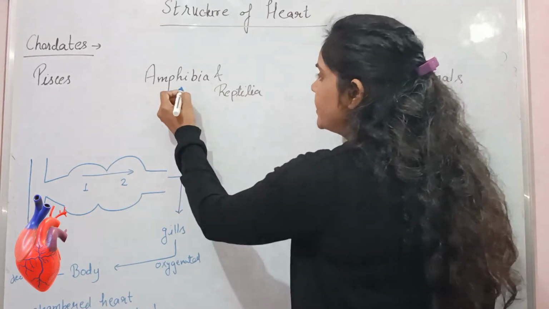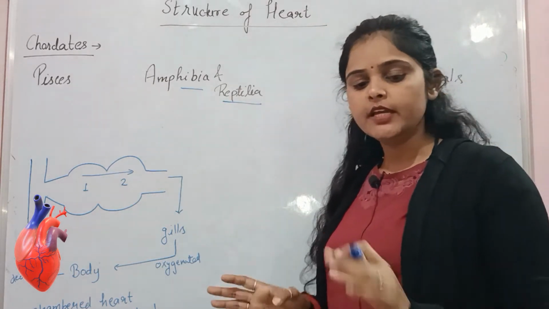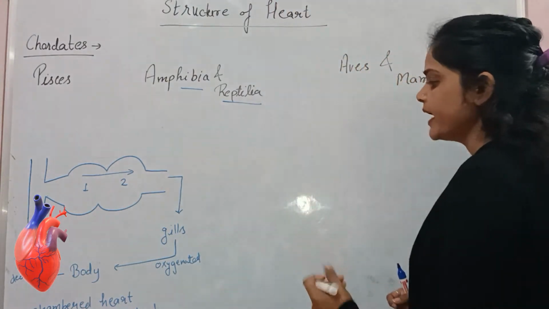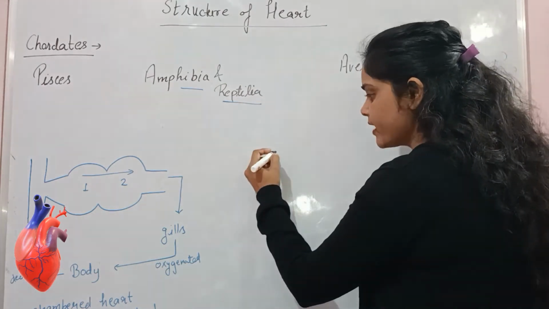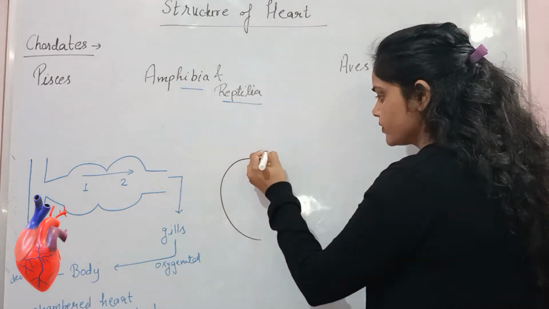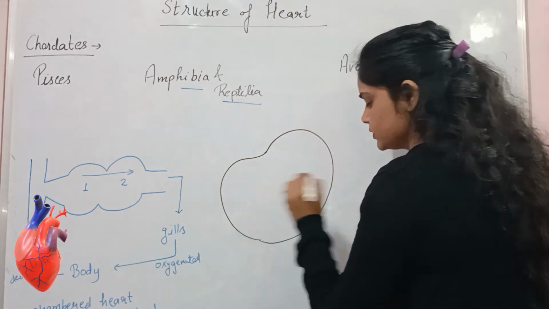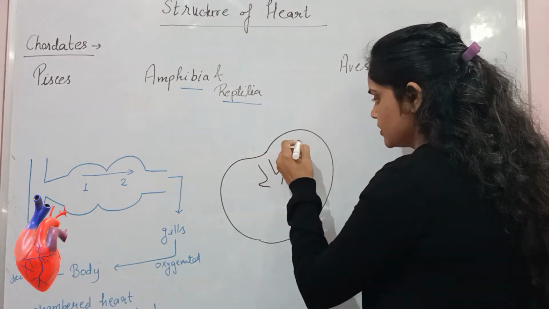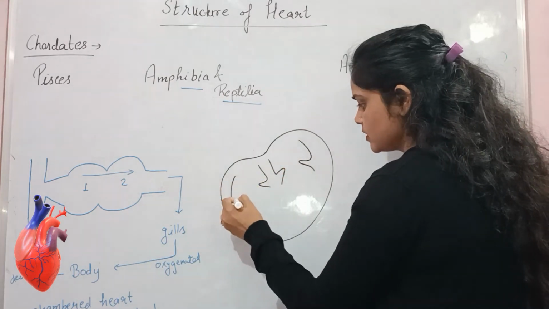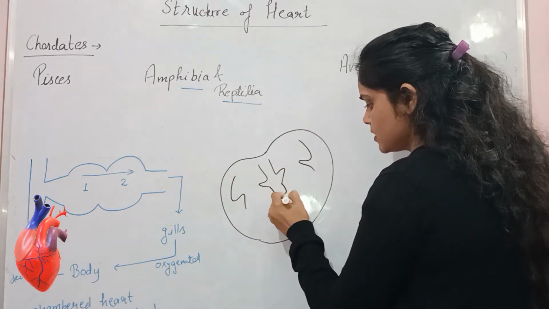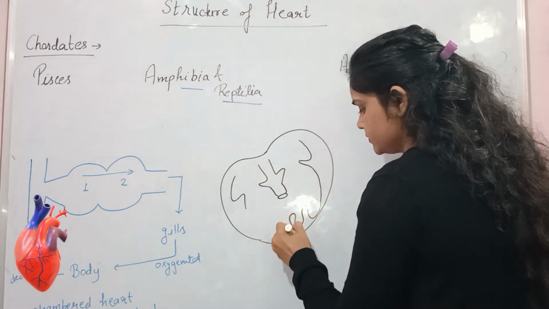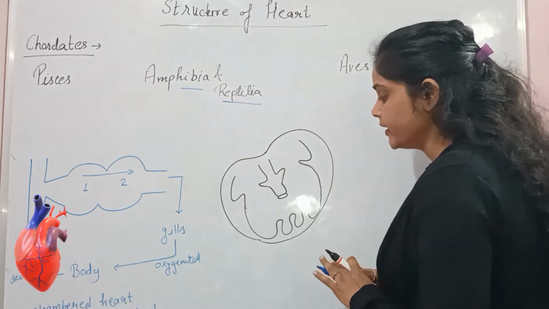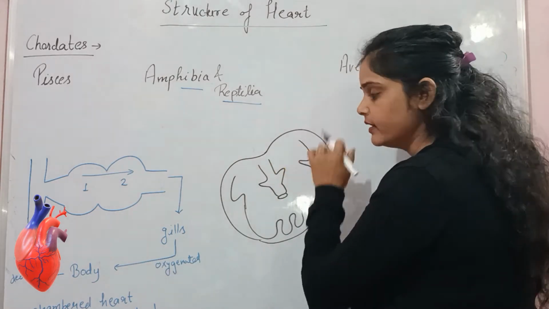Let's talk about the heart present in amphibia and reptilia. Here the heart is pretty different from Pisces. In amphibia and reptilia, we have a three-chambered heart in which the right atrium and left atrium are present.